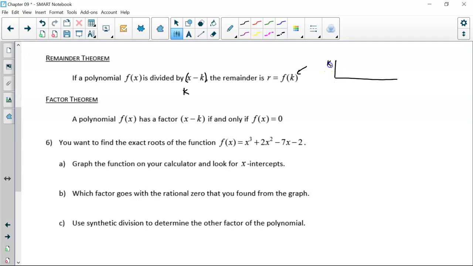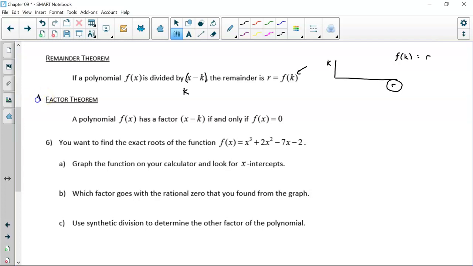So when you find f of k, the value of that function is r, the last number. That's a way we can use what's called synthetic substitution. We'll talk about that a little bit more later on.